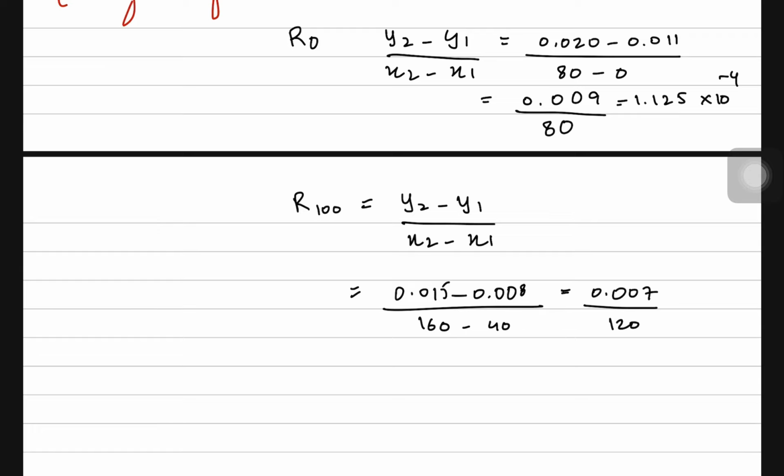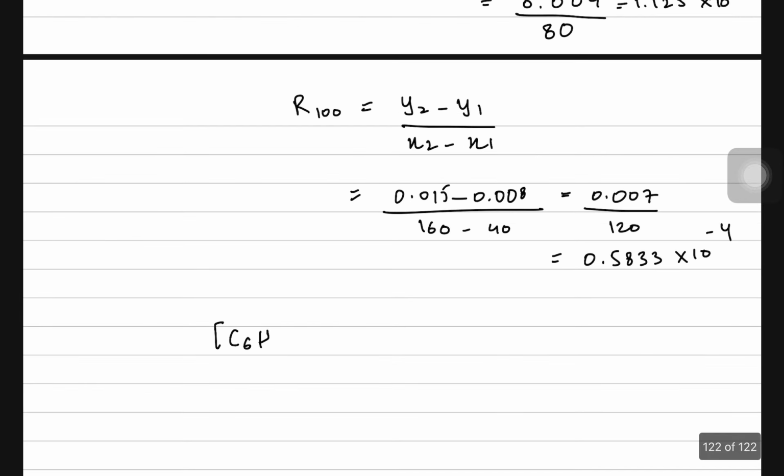When I solve it mathematically, my rate of reaction turns out to be 0.007 over 120. Let's put it in the calculator and find out the rate of reaction. By doing that, it becomes 0.5833 × 10^-4.